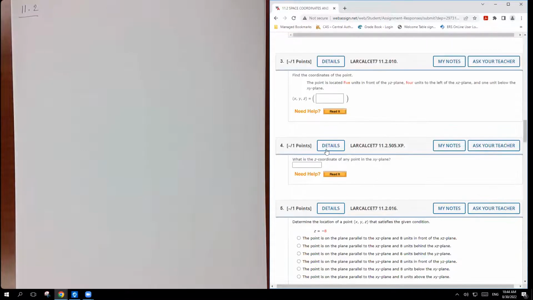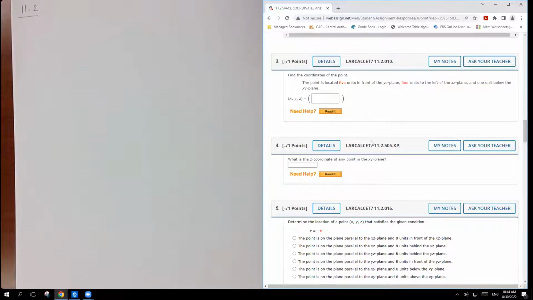The third one. These examples now are important. Check what they're telling you. You have to visualize. They're telling you the point is located 5 units in front of the YZ plane. So we have to write down the coordinates for the point. So who's going to tell me which coordinate this one is?